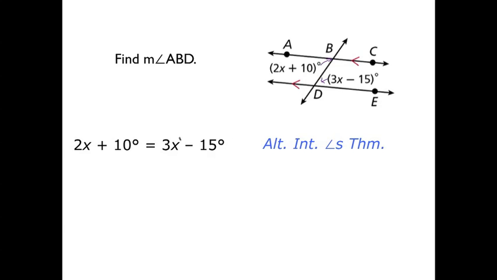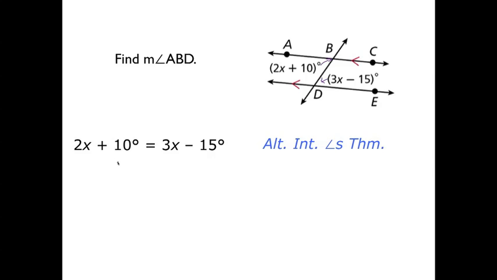Two operations to finish this out. I'm going to be subtracting 2x from both sides, but that puts x's on the right side, so I want to put the numbers on the left side, so I've got to get rid of this minus 15, so I'll add 15 to the other side. So I'm going to subtract 2x to the right, add 15 to the left.